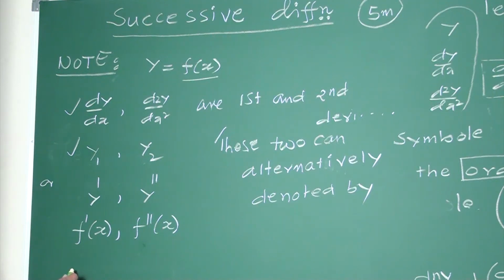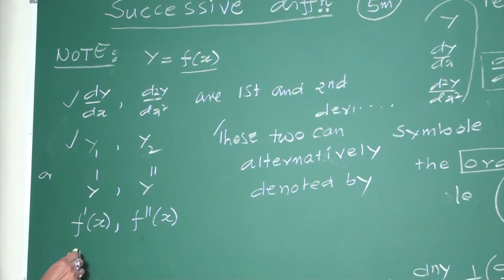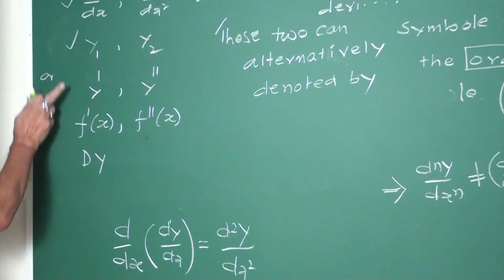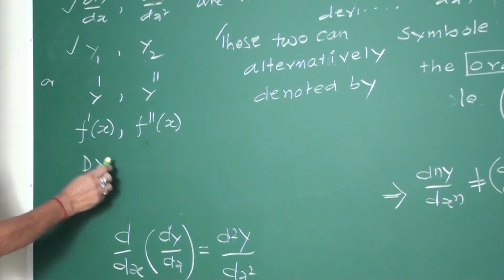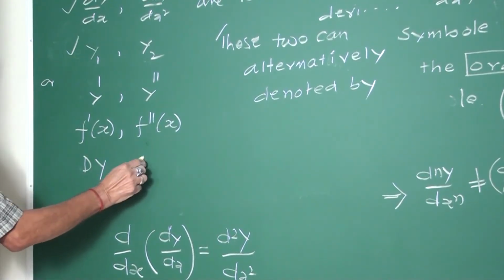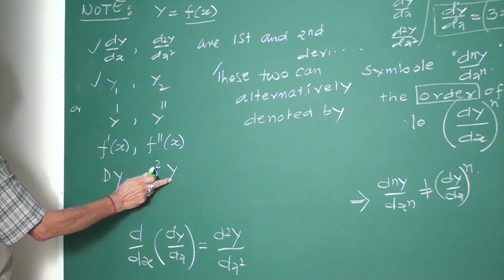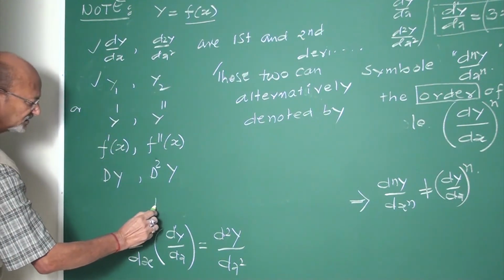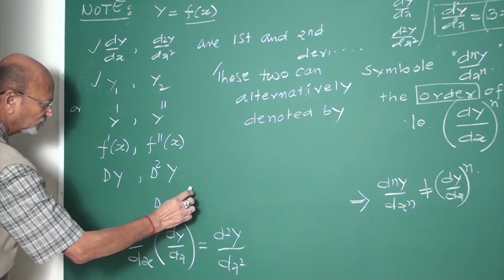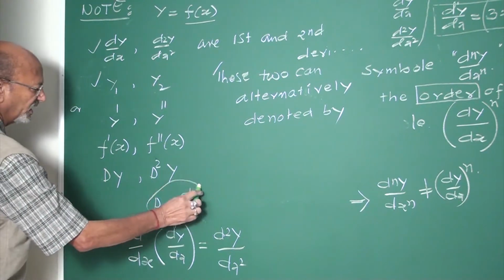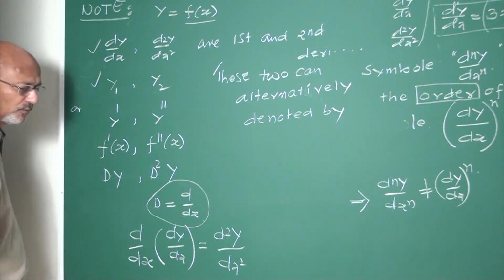Sometimes in some books, not at the PUC level, Dy is nothing but dy by dx. D square means the second derivative, d2y by dx2, where capital D denotes d by dx. This is known as the differential operator.